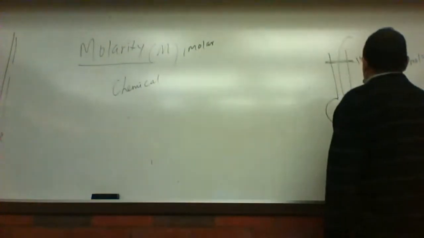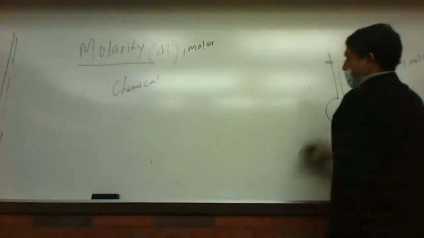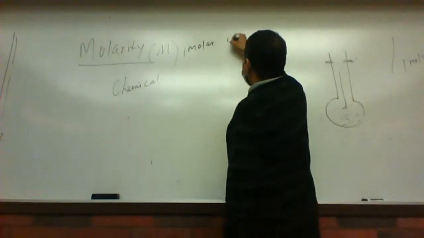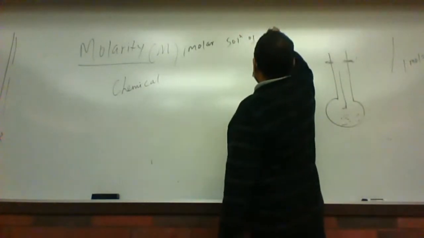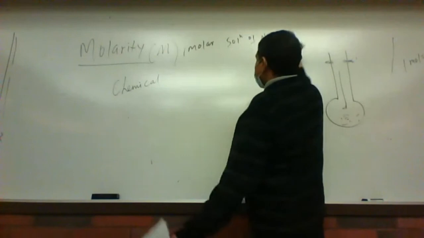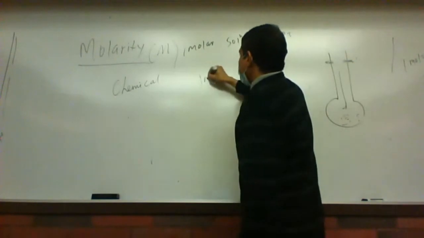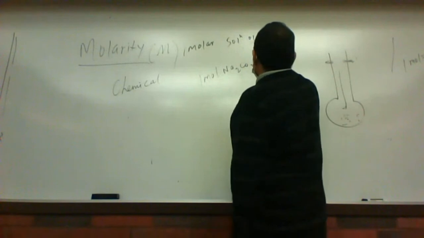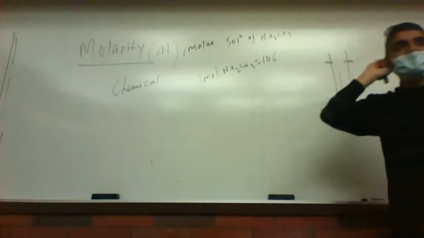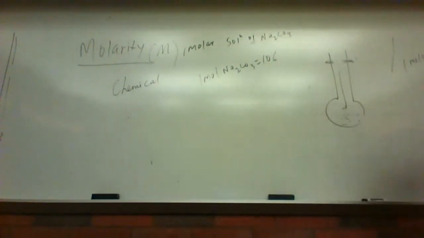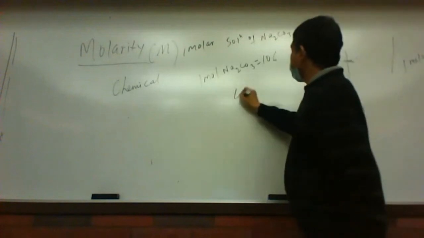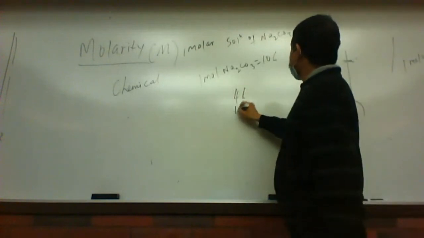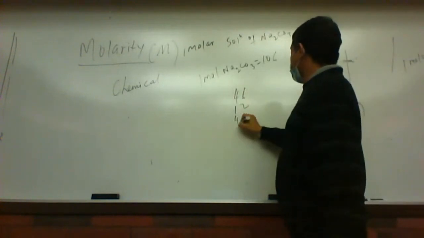Now I want to make a 1 molar solution of sodium carbonate, Na2CO3. You already did this in homework. So 1 mole of sodium carbonate is equal to, I think, 106. Sodium is 46, carbon is 12, oxygen is 48.